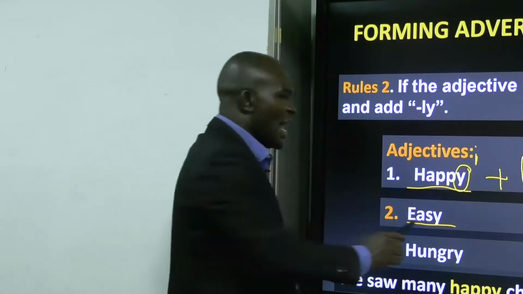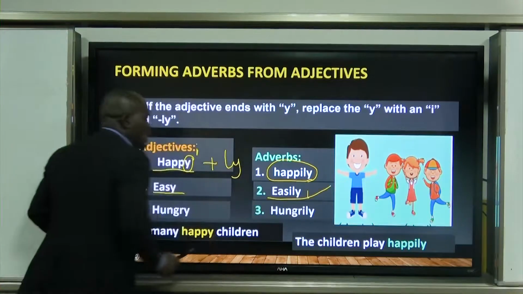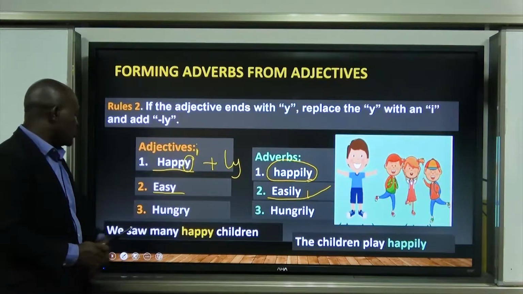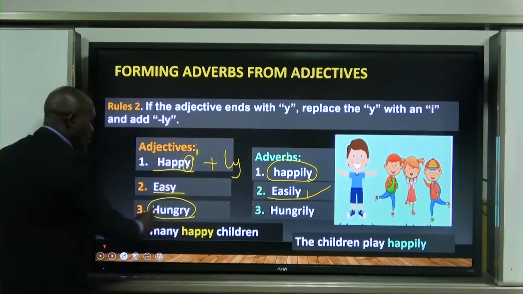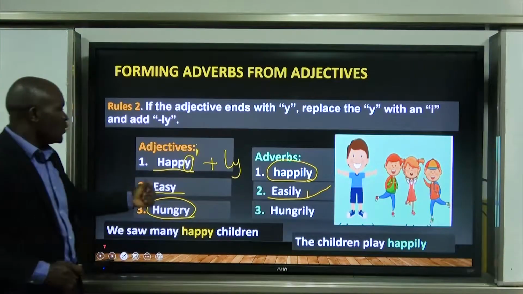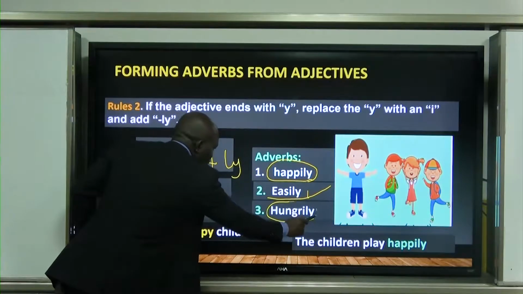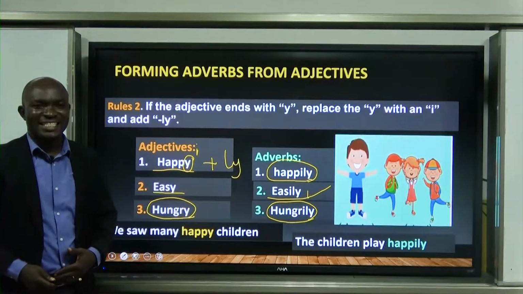Of course, you will have easily. So we say easily is an adverb. Okay, finally let's take another example. Hungry. If you change the y, you will have what? Hungrily.